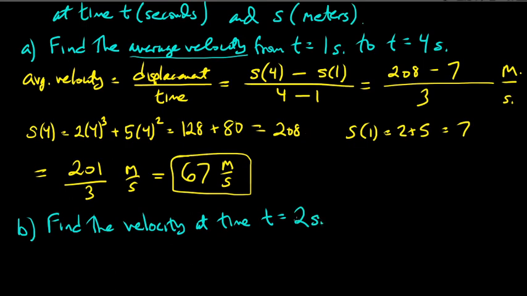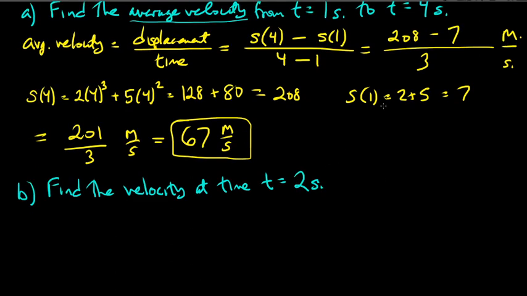So is this average velocity? Well, notice we're only given one instant in time, 2 seconds. At that time, there's no time that has elapsed. So even though they don't say it, this is instantaneous velocity.